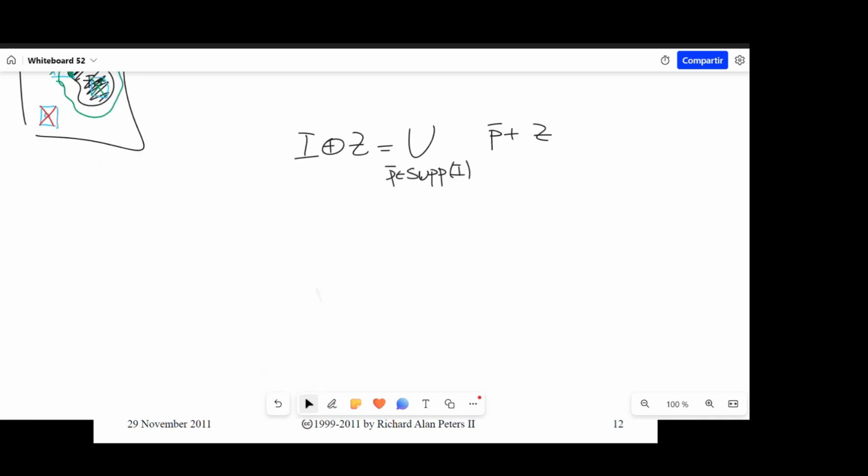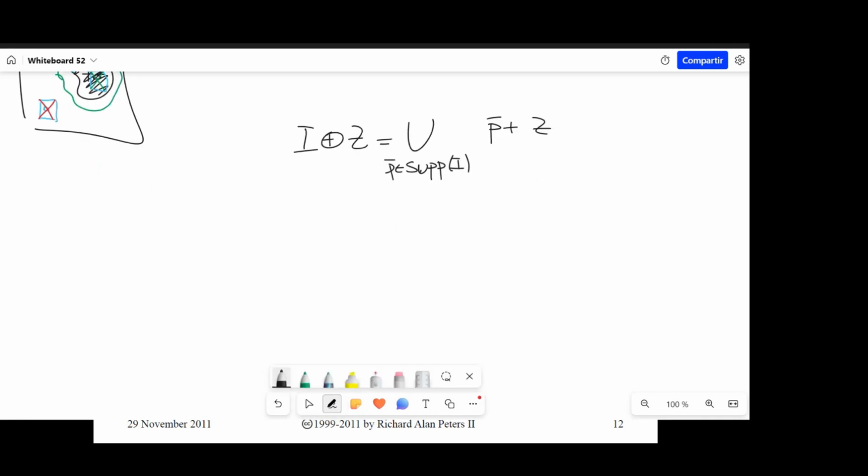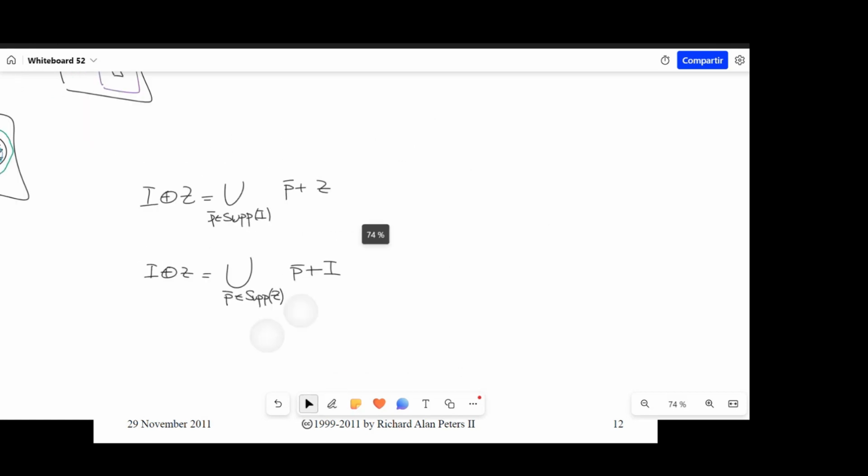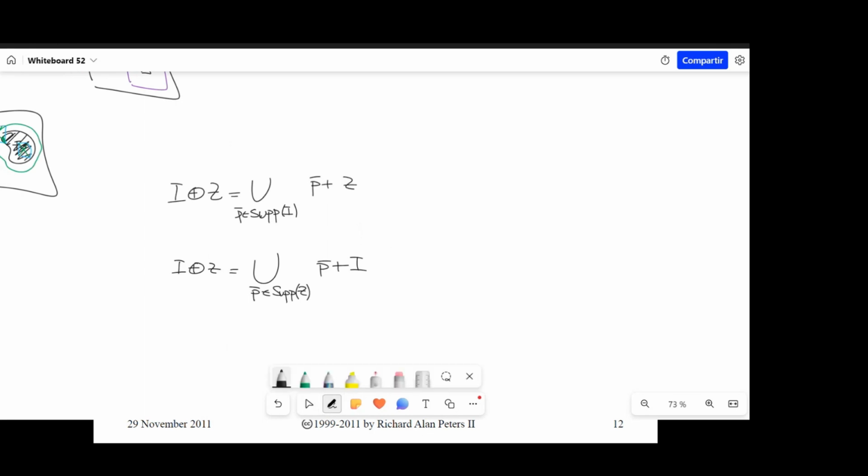Let's see the other. So the other is this one. This is a property of the dilation. Okay, so I will write something that you are more familiar with.